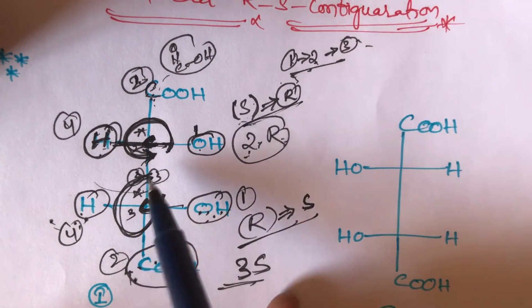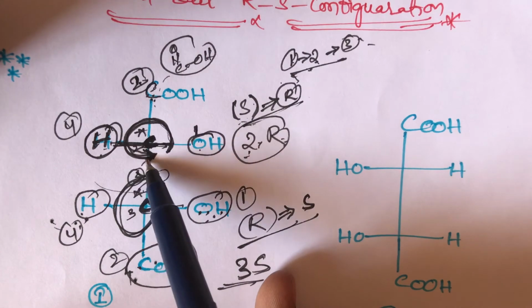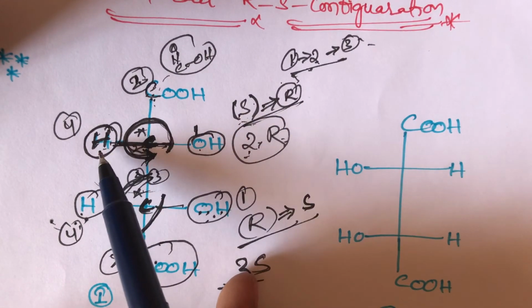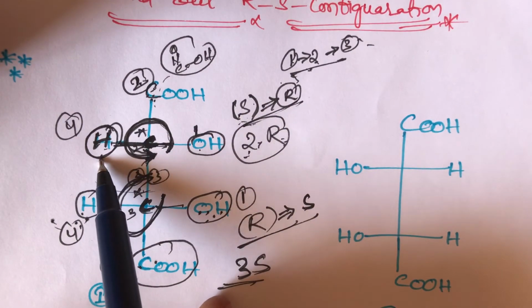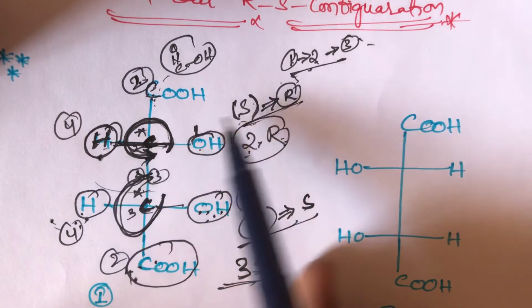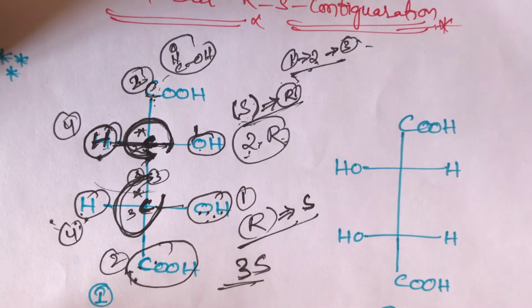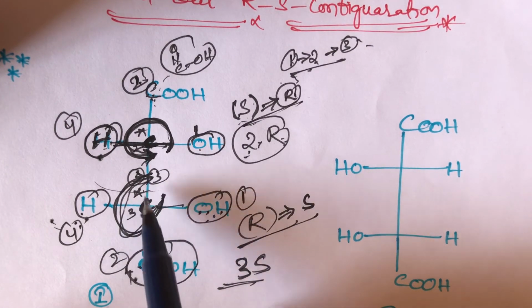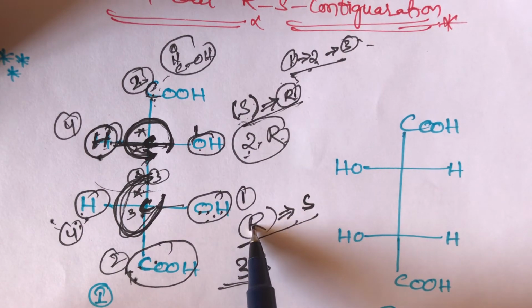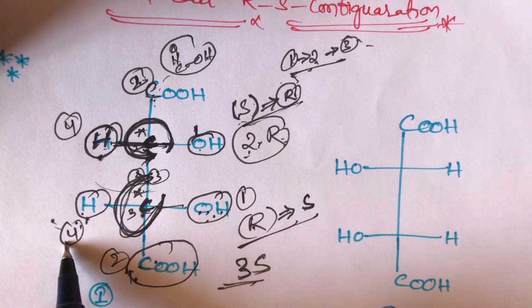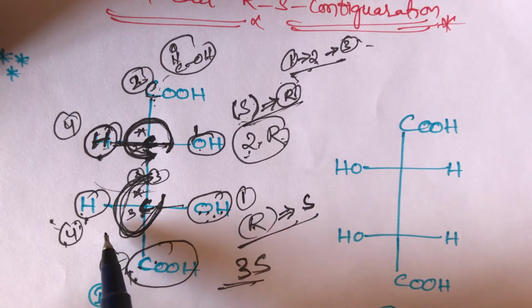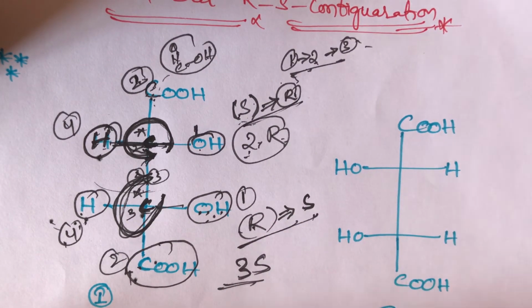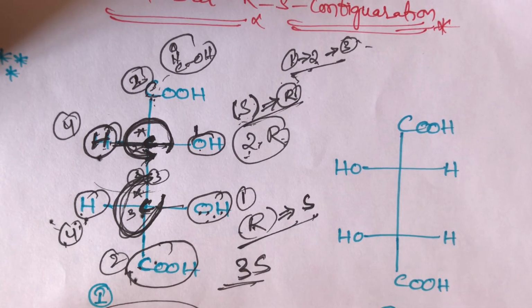The reason is that the second carbon is anti-clockwise, which would be S, but according to the CIP rule the least priority group is on the horizontal line, so S becomes R, that is 2R. The third carbon has a clockwise direction, meaning R, but since the least priority group is on the horizontal line, R becomes S, that is 3S. The given structure 1 configuration is 2R, 3S. These are the simple tricks, students.